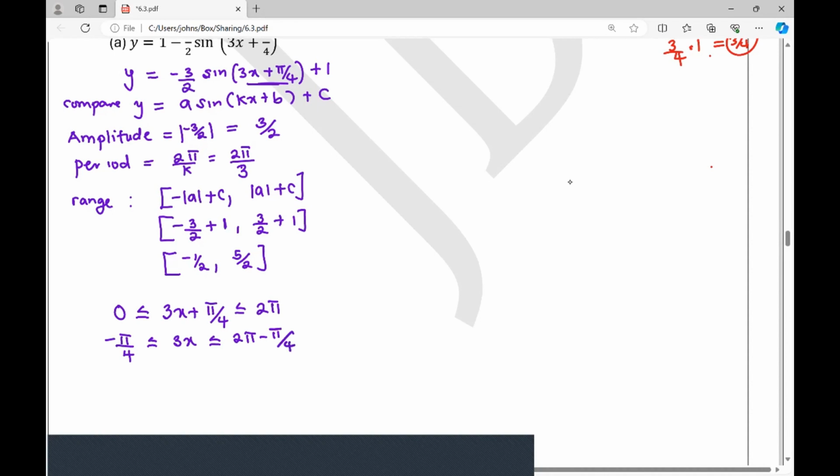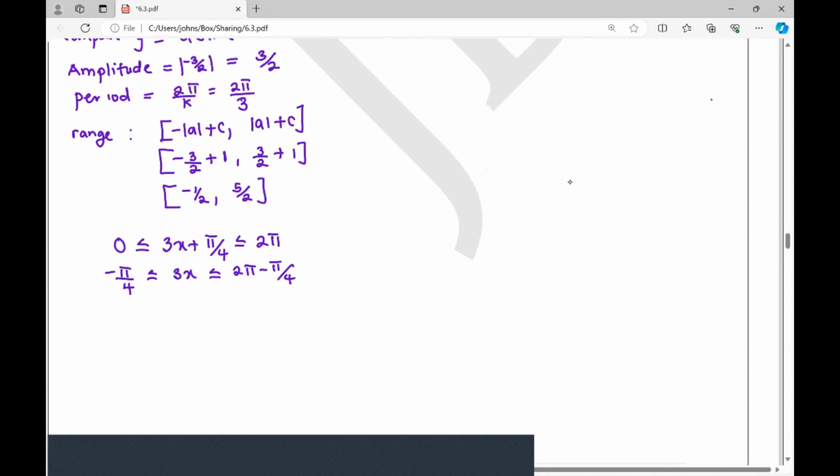You can see what we're doing here. And now what will this be? This will be minus pi/4 less than or equal to 3x, and less than or equal to, what do we have here? If you multiply this by 4, you have 8 pi. So this is going to be 7 pi over 4.